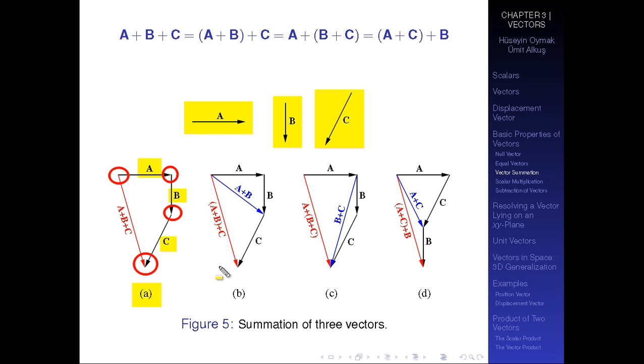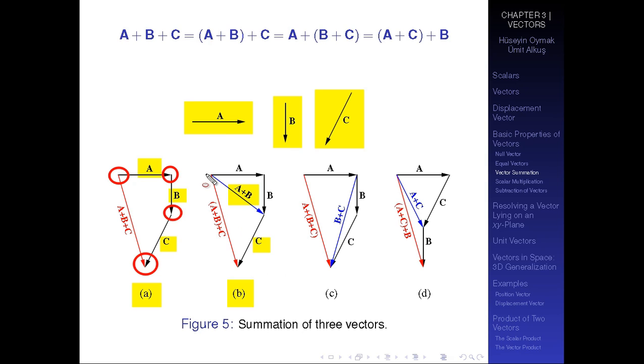In the second summation in figure B, first A and B are summed, and then the resultant vector A plus B and C are summed.